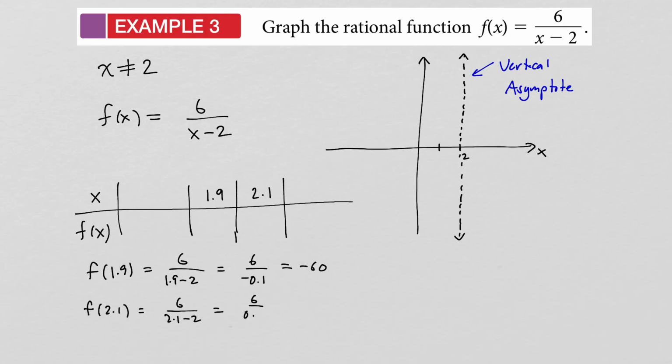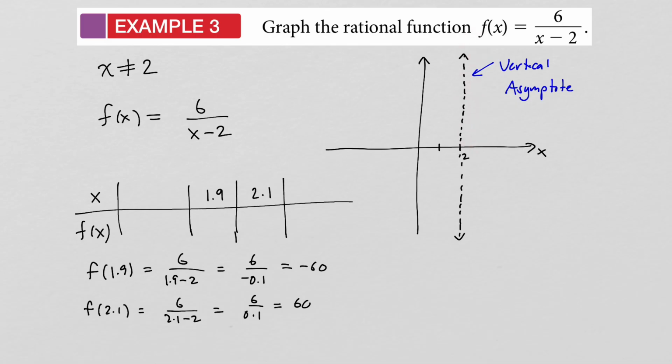This is 6 divided by 0.1. And this is positive 60. So when I plug in 1.9, which is really close to 2, but on the left side of 2, I'm getting a really big negative number. It's way down here somewhere. And when I plug in positive 2.1, which is on the right side of 2, I'm getting positive 60, which is way up here.